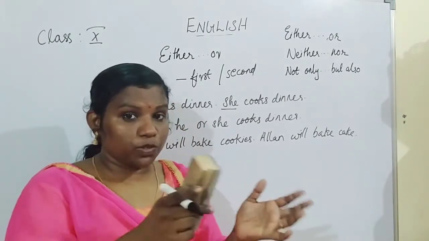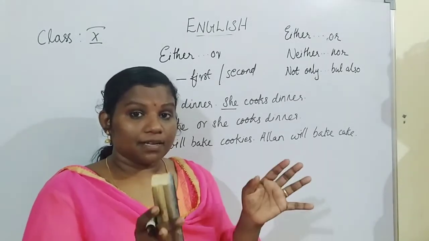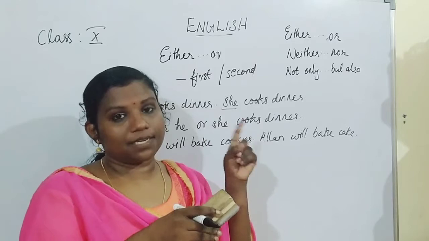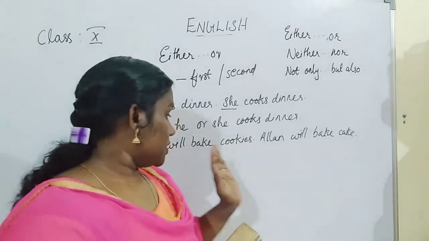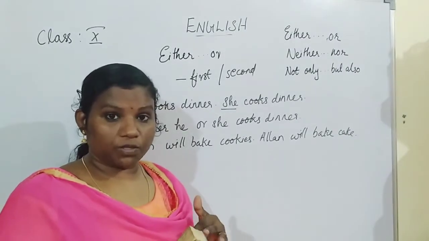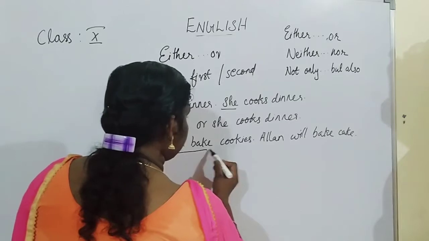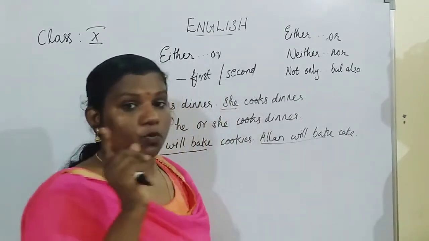So where there are two different ideas or words, there we have to connect these with the help of this conjunction either...or. One more point you have to keep in your mind: where the idea is the same, we have to write it only one time.